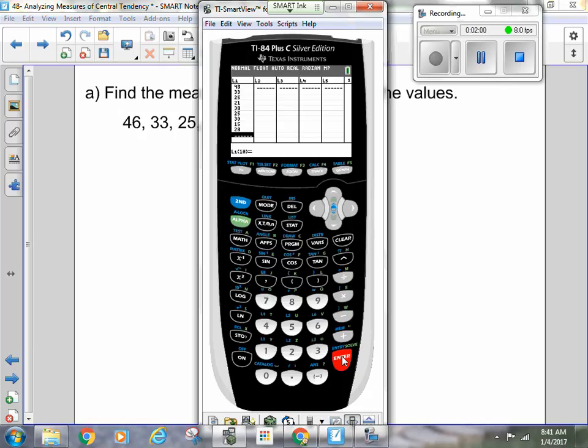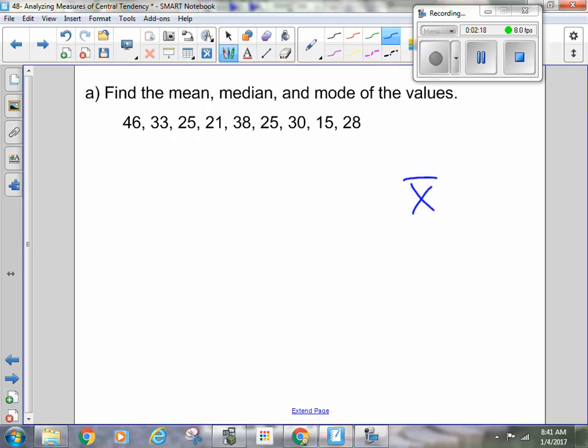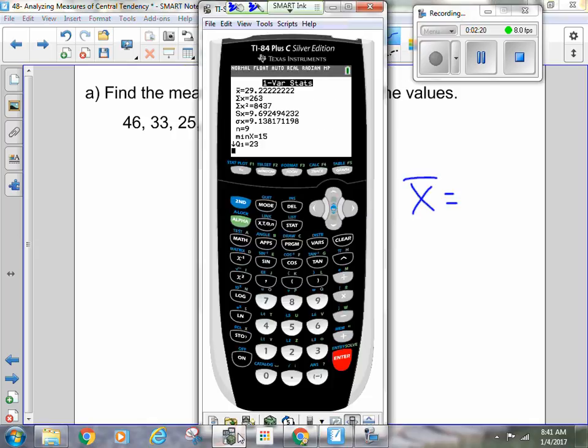If I go into stat again and over to calc, one variable stat, stat number 1, if I hit enter and list 1 as my values are, I'm going to have my calculator, the X bar is my mean, and that was 29.22.